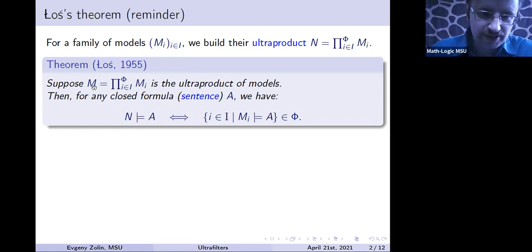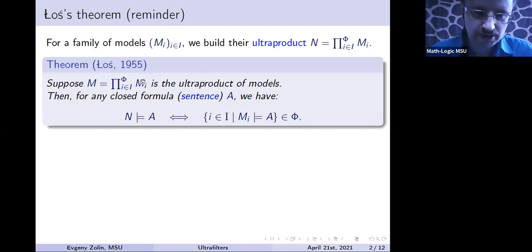So if we have an ultraproduct of some models, what are models? Each model is a set and an interpretation of some symbols, predicate symbols, constant symbols, and functional symbols from some signature. We will denote a signature by sigma.